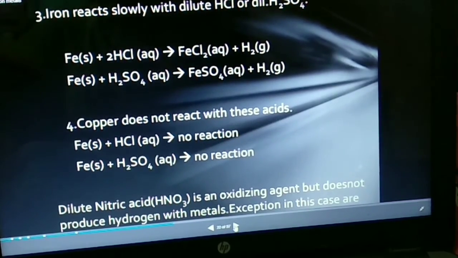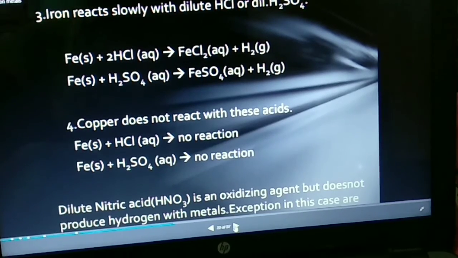Copper plus sulfuric acid, there is no reaction. Dilute nitric acid is an oxidizing agent. So students, reactions of metals with water, with oxygen, and with acid: these three reactions of metals we have completed.